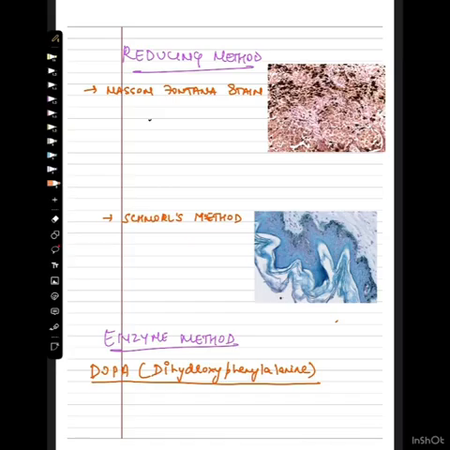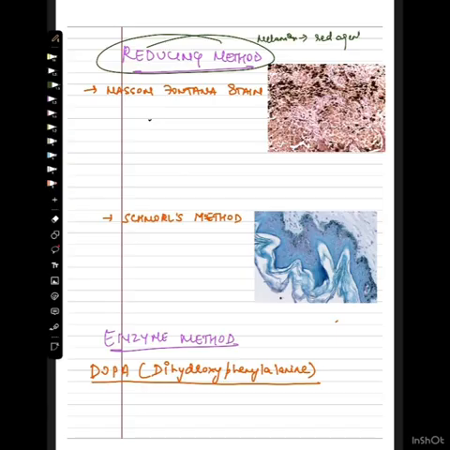We now discuss each of these methods one by one. The first is reducing method. Melanin by itself is a very powerful reducing agent, so this reducing method works on this property. The first is reduction of the ammoniacal silver solution to form metallic silver.